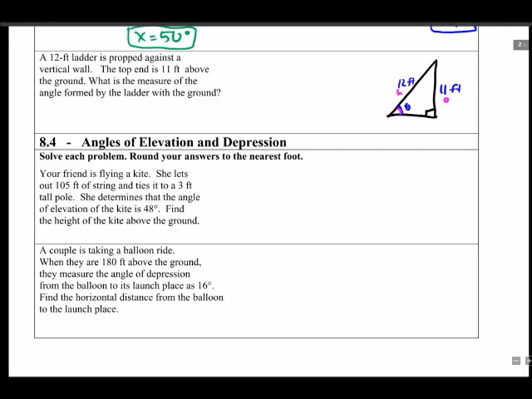So mark our angle. Opposite, hypotenuse, adjacent. We have an OH. Opposite and hypotenuse, so that means a sine. So sine theta equals opposite over hypotenuse.